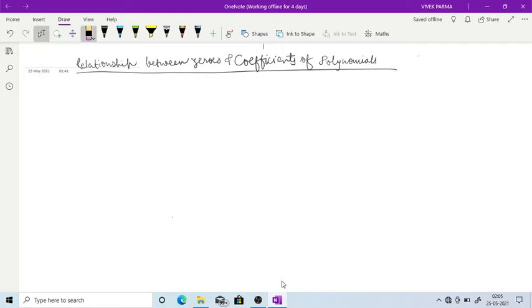We'll see here a relationship for polynomials like quadratic and cubic. Now, what is the relation between the zeros and coefficients of polynomials?